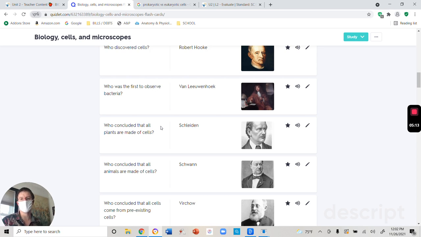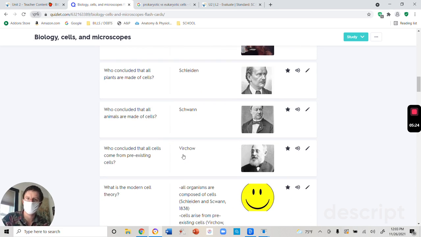Virchow, or Virchow, determined that all cells come from pre-existing cells. So at first we started with one cell and then we got two. Listen, do whatever you need to do to remember it.